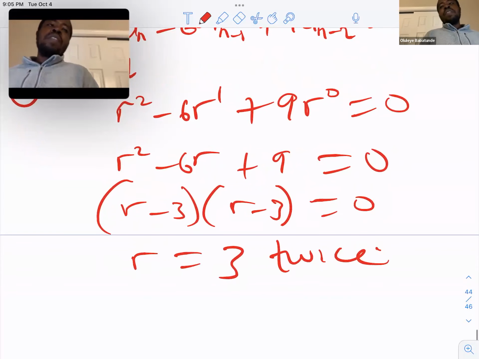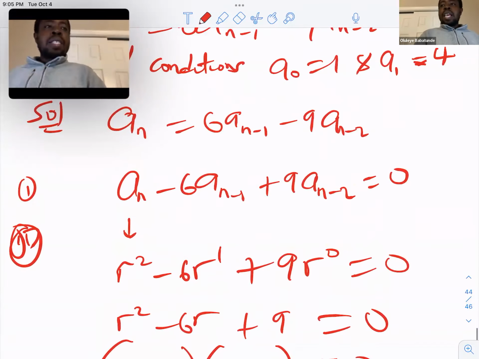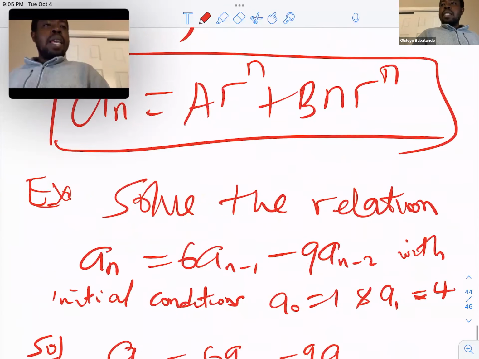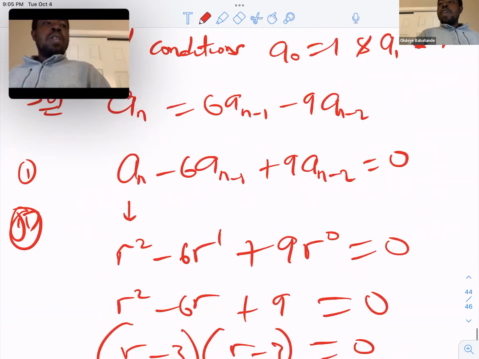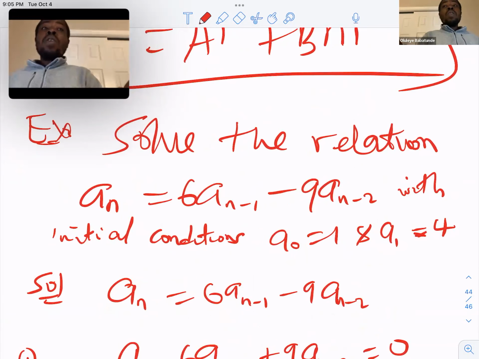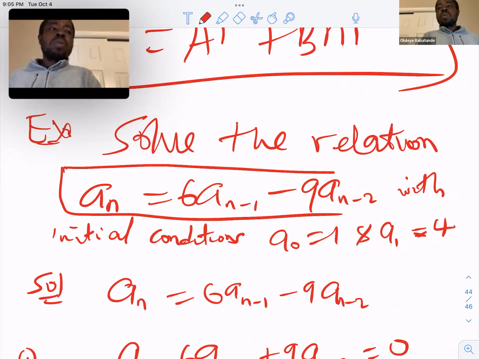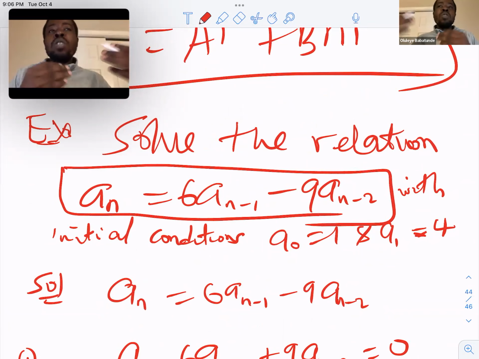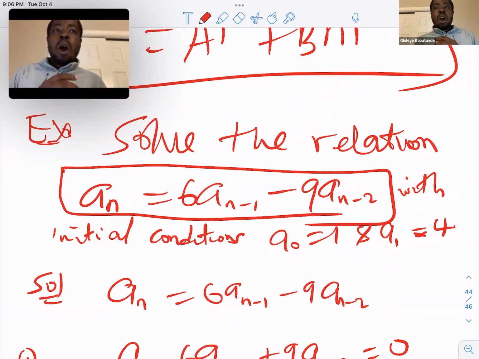So we have the same root, and the formula says that we are looking for a solution to this expression, which we can then use to make predictions to get subsequent terms.